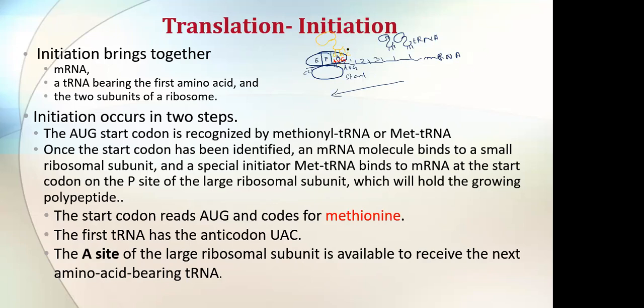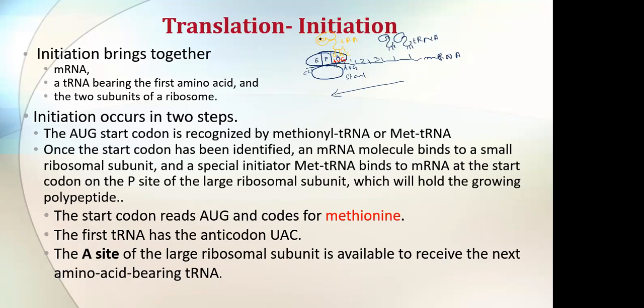And this tRNA carries the amino acid that corresponds with this anticodon. Okay, so let's say that AUG, that's the amino acid, methionine.